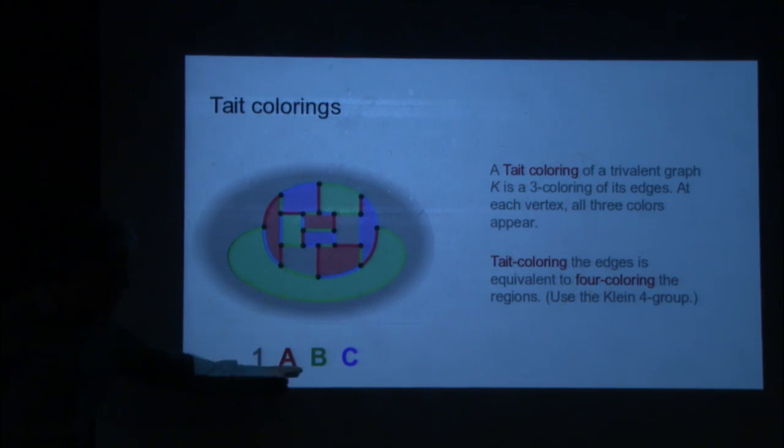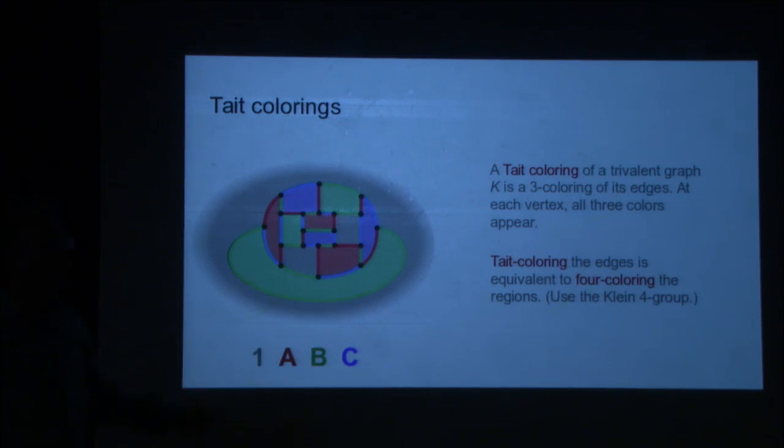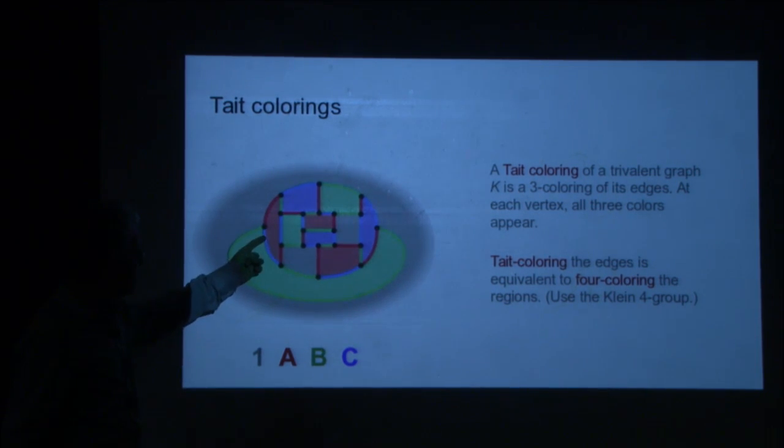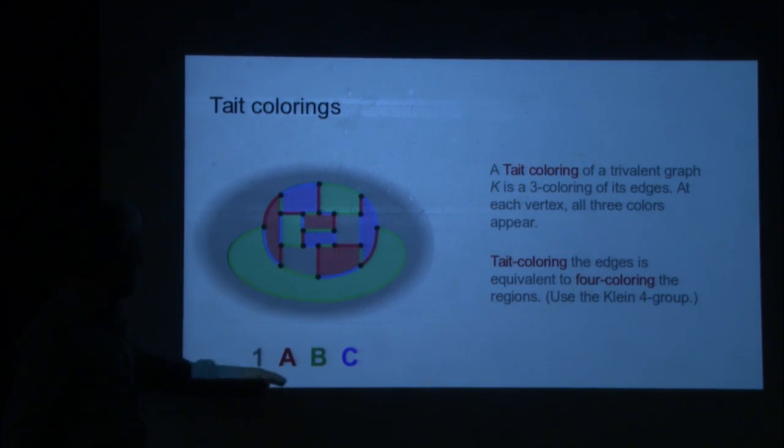You think of the four colors as belonging to the elements of the Klein 4 group. And starting from the outside, you just work your way in, a region at a time. And every time you cross an edge, the edges having been previously colored, you change your choice of region color according to the multiplication table of the Klein 4 group.